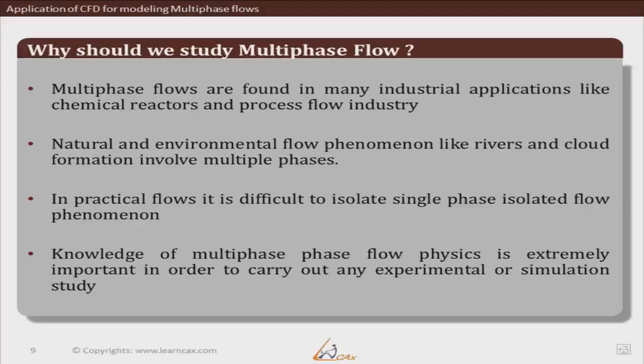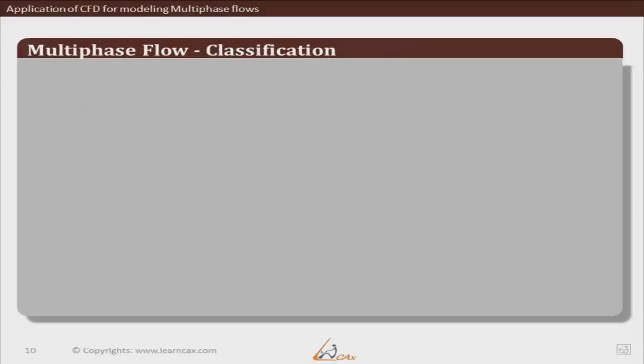So in order to resolve, model or study such applications, knowledge of multiphase flow physics is extremely important in order to carry out any type of experiment or simulation on them. That being said, multiphase flow becomes a completely different field within fluid dynamics itself, and it needs separate models or separate treatment in order to simulate them.